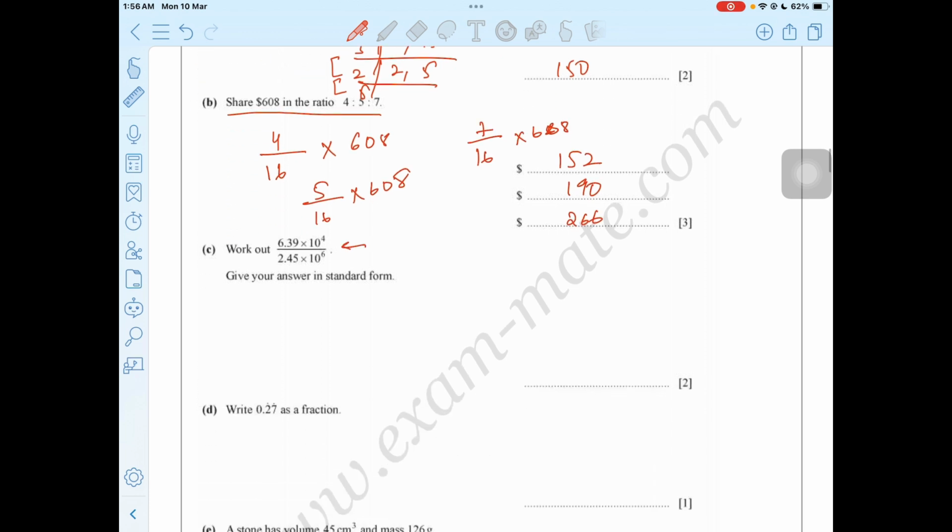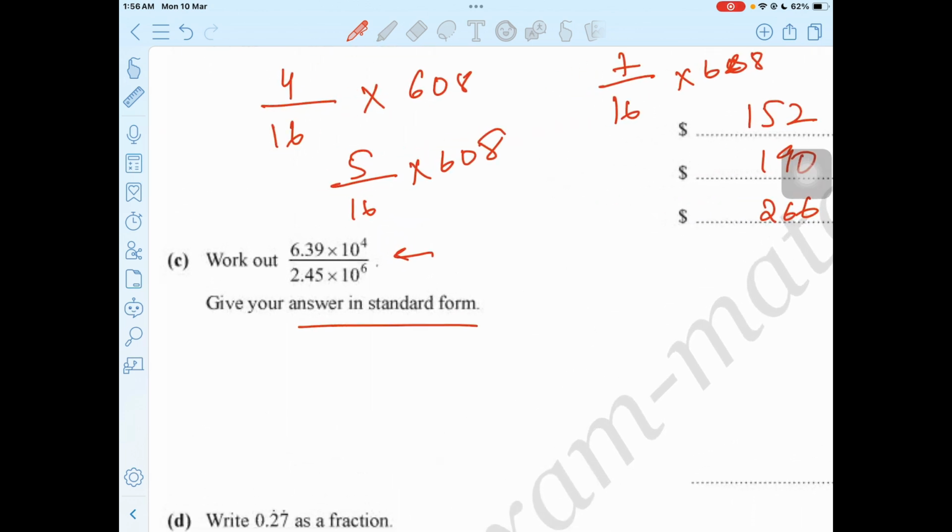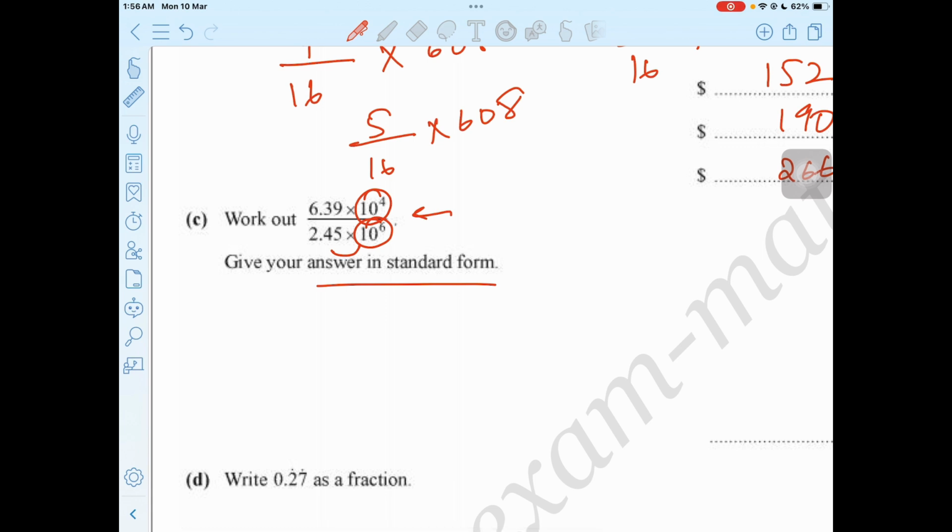Now work out, giving your answer in standard form, right? So let's just quickly do this. Let's add these two to make this as 10 power 4, multiplied by 100, right, to reduce these two powers. So this would be 6.39 multiplied by 10 power 4 and then 245 multiplied by 10 power 4, right?